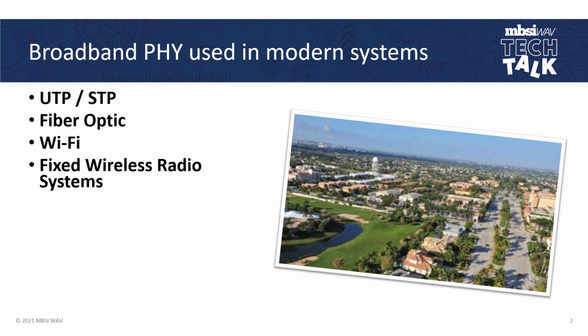And of course, in fixed wireless radio systems, such as Cambium's 450 or ePMP, for example, the radios in those systems are also the PHY layer that we talk about. All right, we're going to concentrate on twisted pair at this moment.